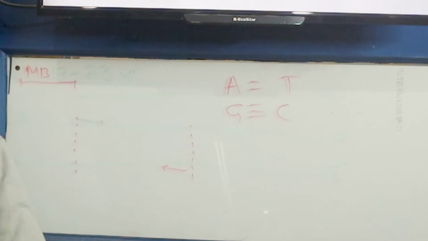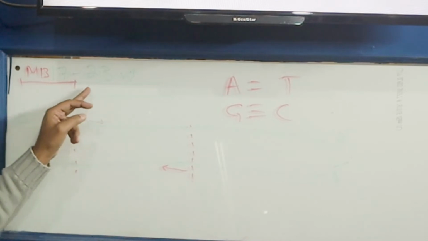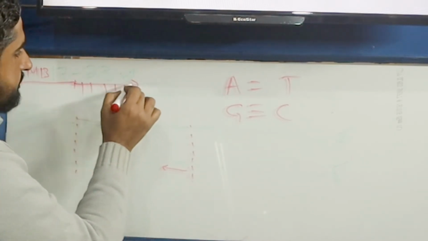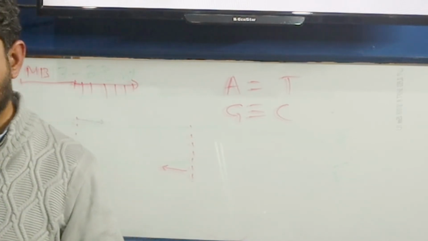So the length of the primer will be longer than 23 bases, but the region used for binding will be just between 17 to 23 nucleotides long, towards the 3' end of the primer, and this region will be used for annealing with the template DNA.